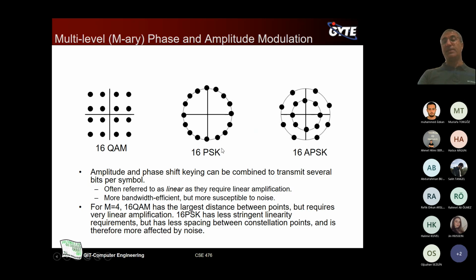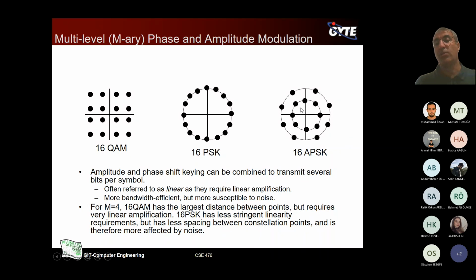We have 16 PSK that we position on a circle with fixed spacing, right? Or you can put these 16 constellation points within 2 circles, so 8 of them are on the outer circle.